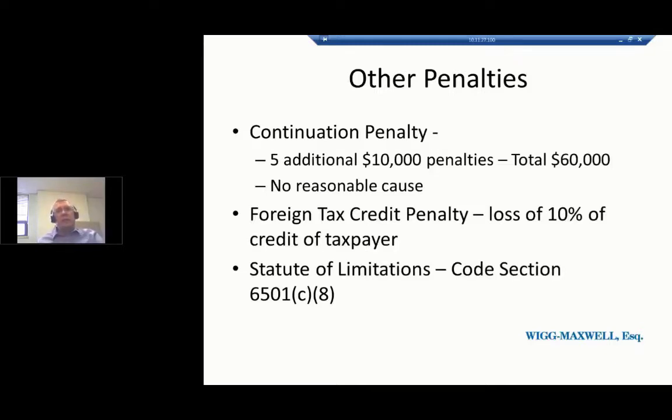So, for example, if you have an S corporation and you fail to file the 5471 in connection with the return of the S corporation, every item on the S corporation return remains open until that eventual 5471 filing that you may not even know you missed.